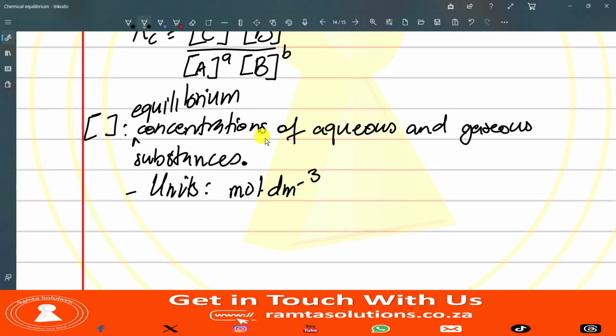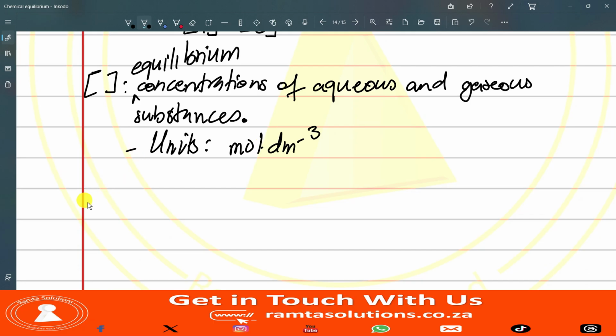We ignore concentrations of solids, and of course solids do not have concentration, and we also ignore concentrations of liquids. The reason is not for grade 12, but I will see in future if I can post one of the reasons why you don't include the concentrations for liquids.